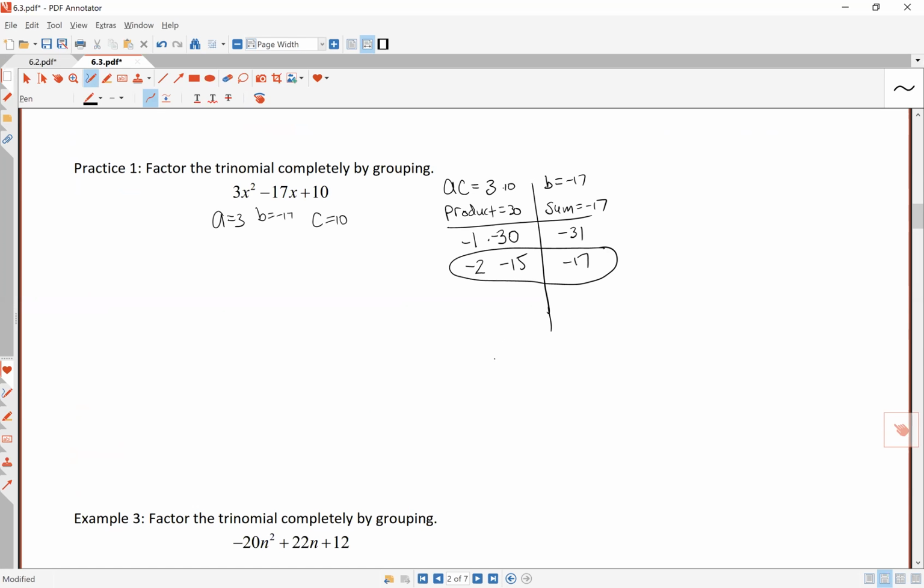Once we find our pair, we replace the negative 17x with negative 2x minus 15x. We have 3x squared minus 2x minus 15x plus 10. And now we factor by grouping.